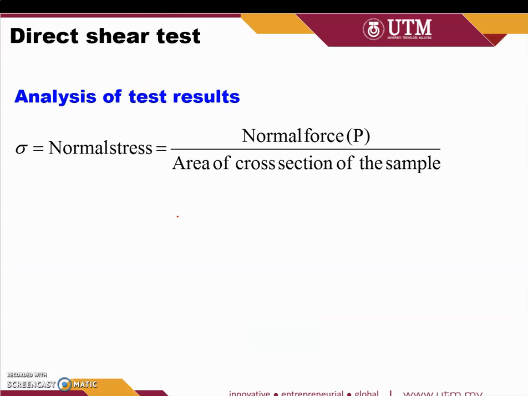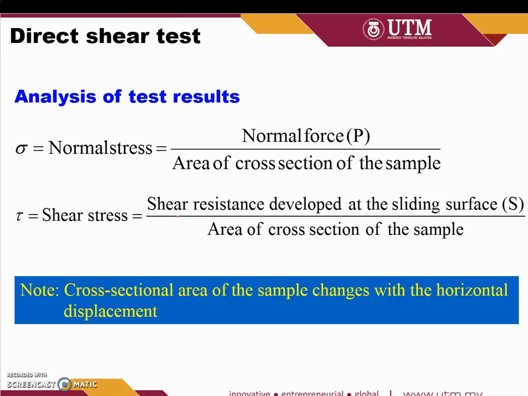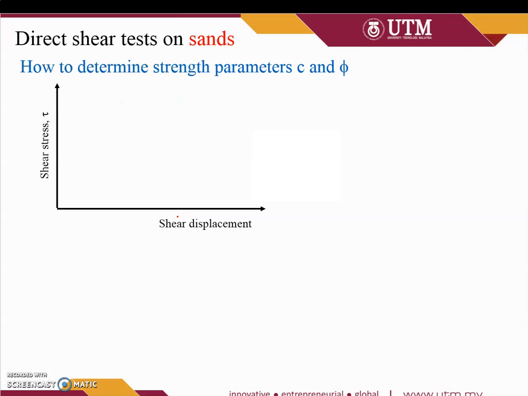And once we start the test, we will get some data: first, the normal stress and also the shear stress. Note that we need to plot the graph of shear displacement versus shear stress.